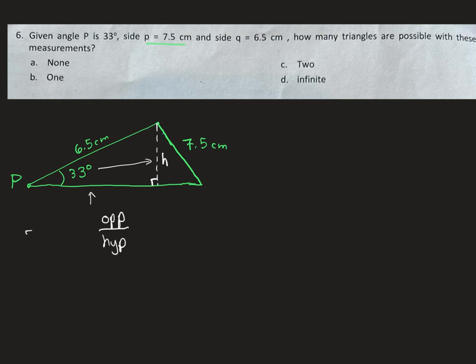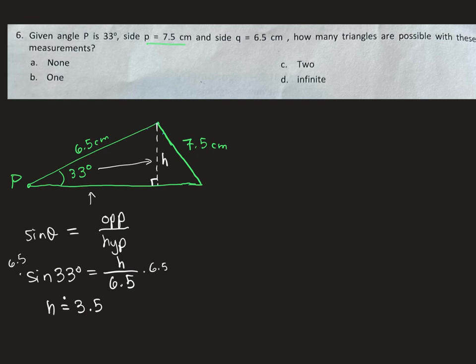So we're going to be using sine theta in the good old SOHCAHTOA. Sine of 33 degrees equals opposite, which is H, over the hypotenuse, 6.5. Throw that in the calculator, make sure you're in degree mode. We multiply both sides by 6.5 to isolate H, and we get H approximately 3.5.